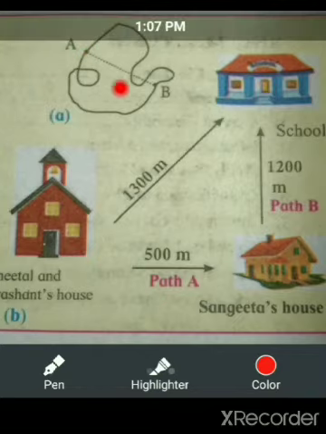Distance is the actual path traveled by an object in motion while going from one point to another. And displacement is the minimum distance between the starting and finishing points.